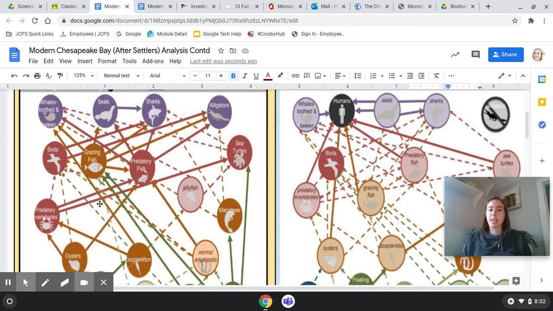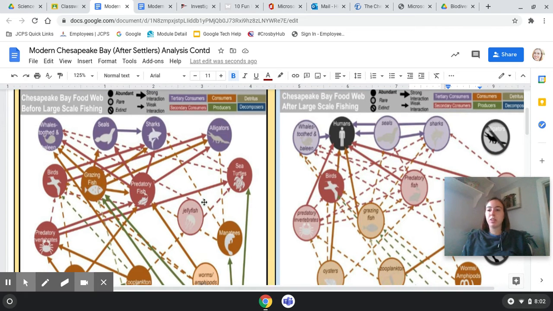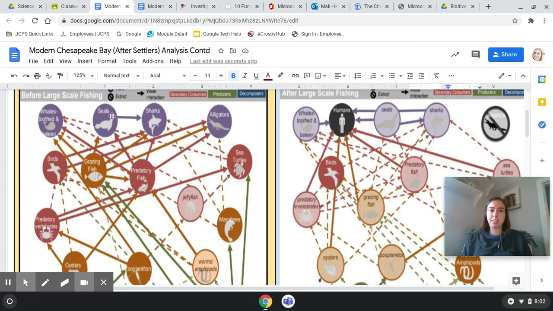And looking at these connections, compare the numbers of connections that we have in our historic model with our modern model. And taking a look at that, do we see more or less, or are they similar, the number of arrows that we see? So we'll take a moment to look and consider.